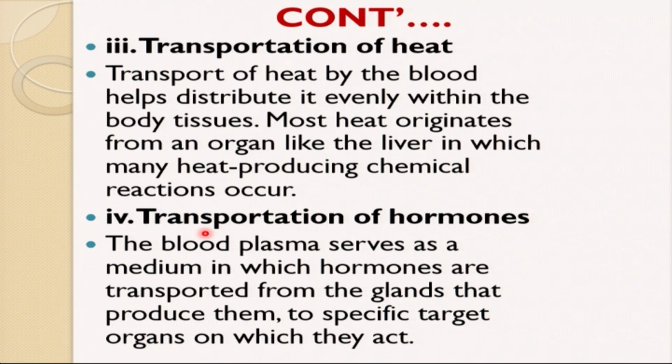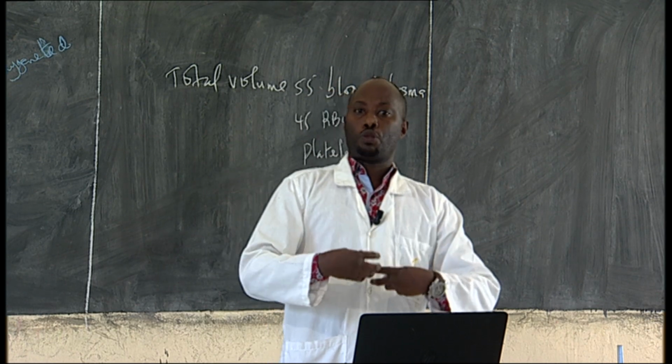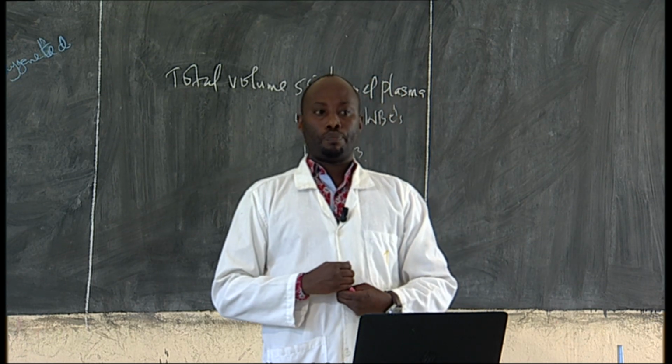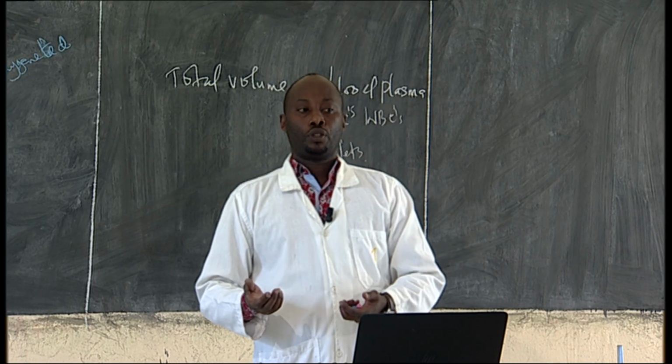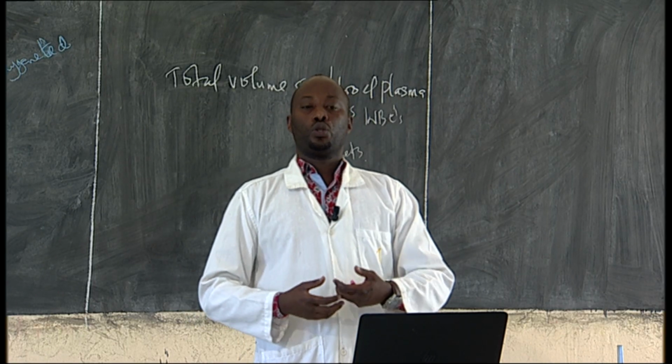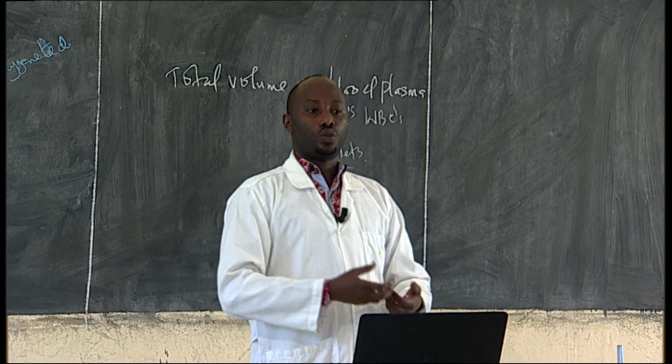Transport of heat by the blood helps in distributing it evenly within the body tissues. Most heat originates from organs like the liver, in which many heat-producing chemical reactions occur.